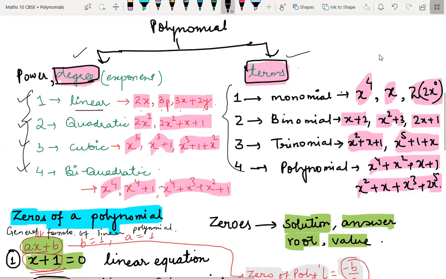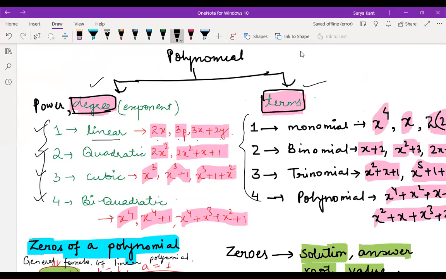Quadratic means the maximum power of the polynomial is 2, like 2x square plus x plus 1. Linear means maximum power 1. Quadratic means maximum power 2. Cubic is maximum power 3. Biquadratic means maximum power 4. So this is according to power, degree or exponent.